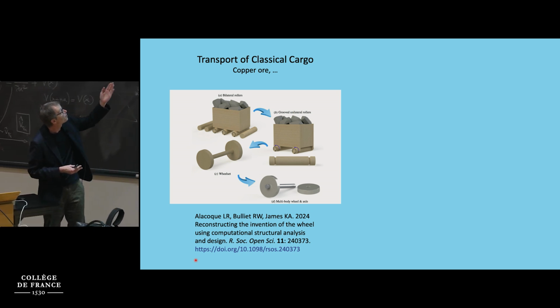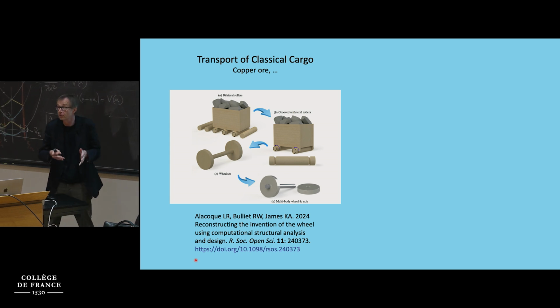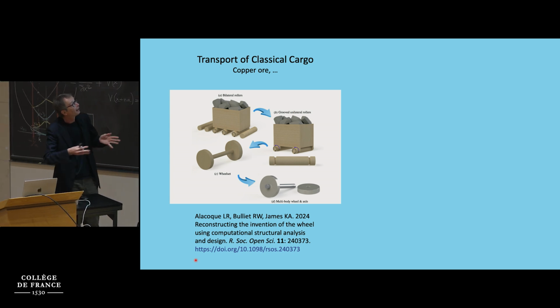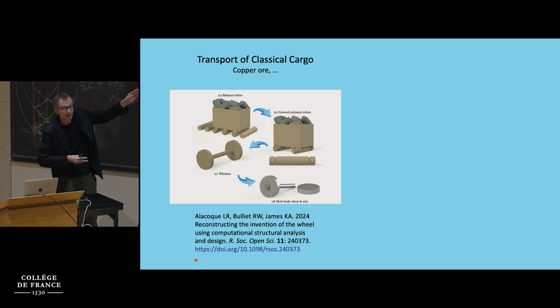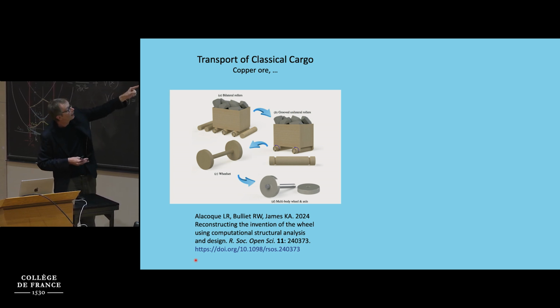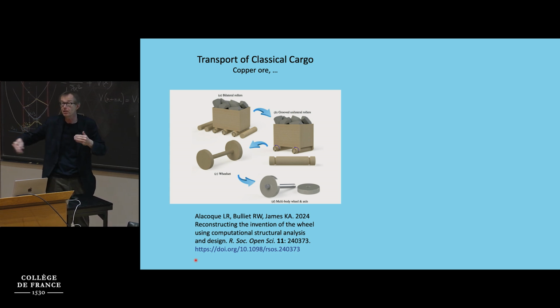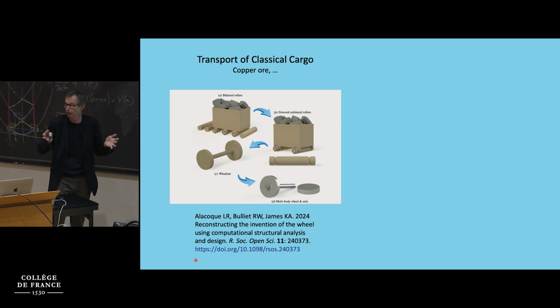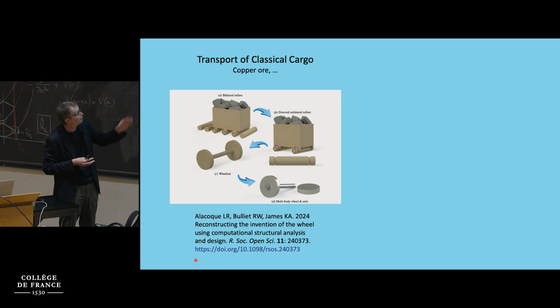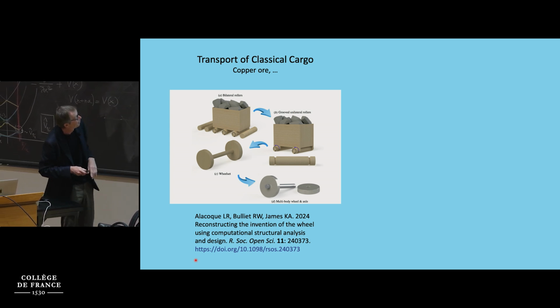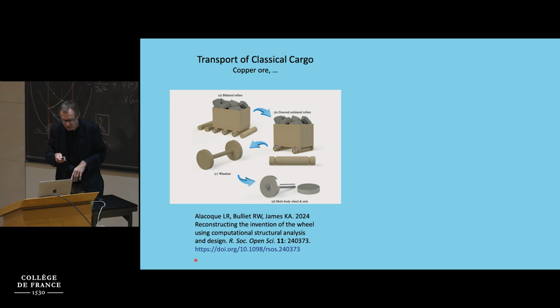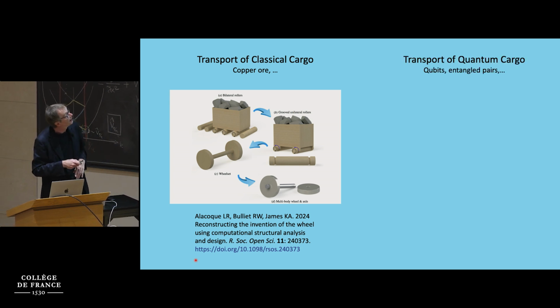When rollers were developed to transport copper or whatever we needed, that was quite a development, and it was a long development with several innovations until we are now at a very sophisticated level with wheels. I mean, modern cars, everything is perfect.